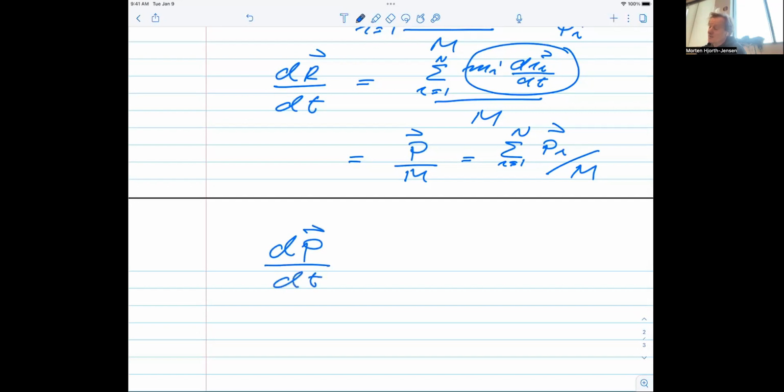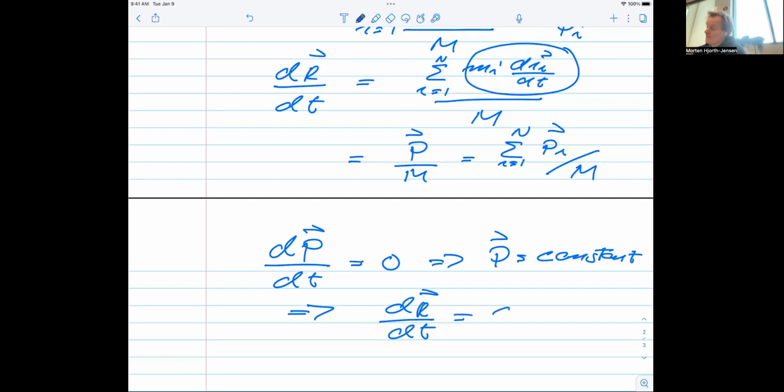dt is 0, that means that P is a constant, which again, since P is proportional to the derivative of R with respect to t, means that dR/dt is also a constant.